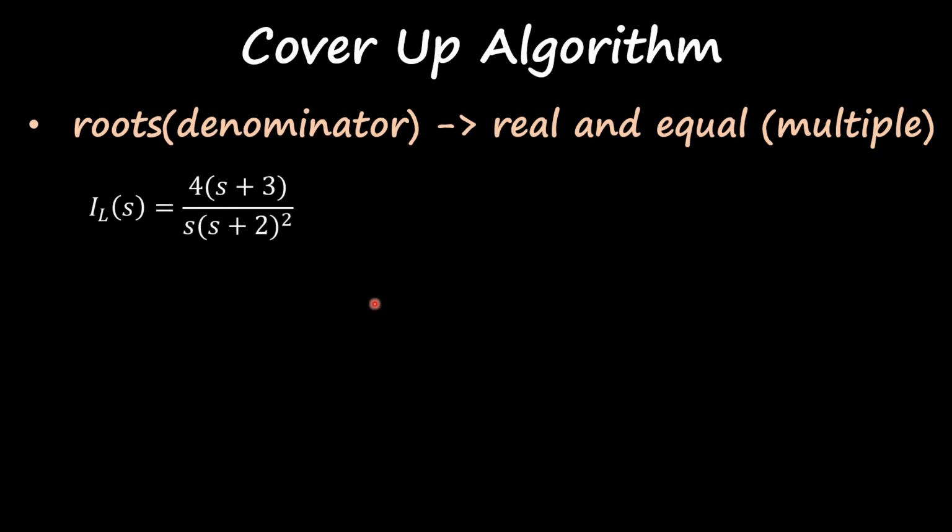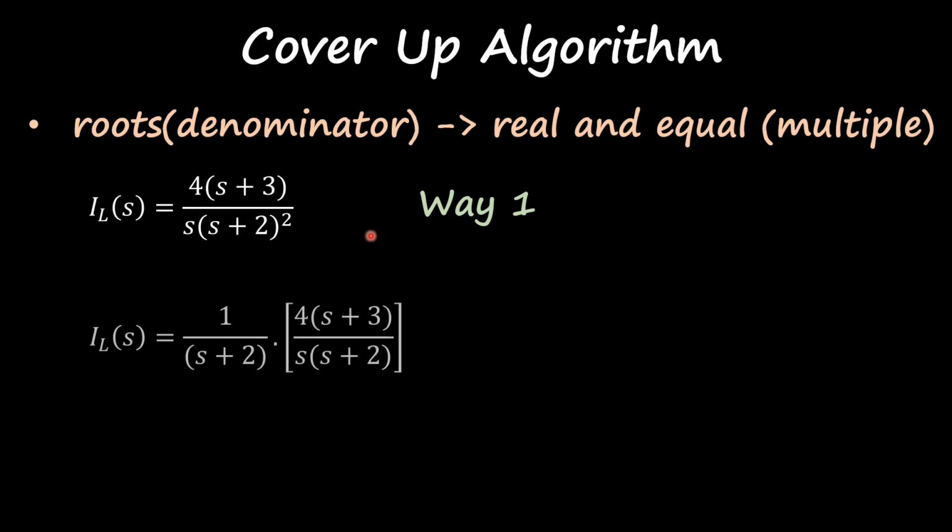To understand these, I think it's better if we do it over an example rather than being too theoretical. So way number one: let's say we have this transfer function, which we got out of our circuit. One way of doing that is to factor out one of the poles that is multiple, so this s plus 2 comes out.